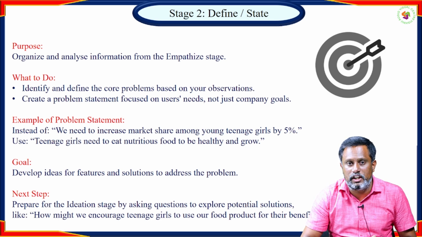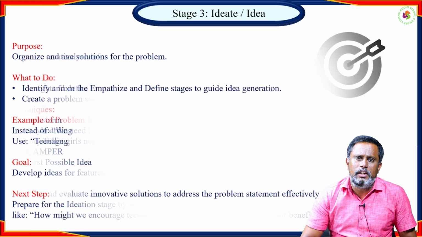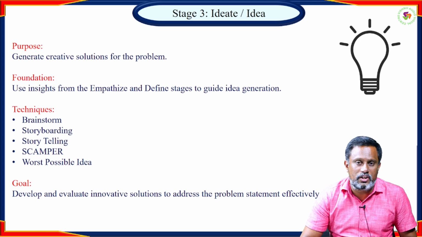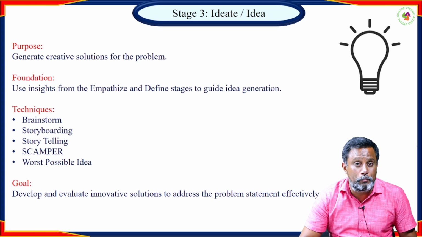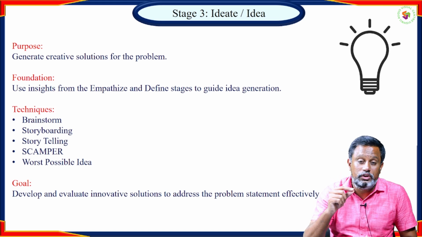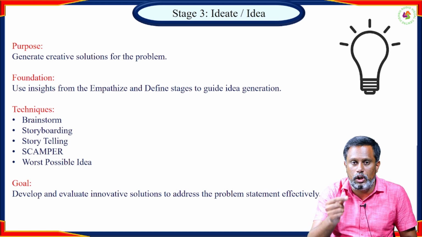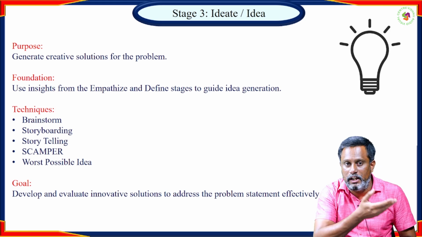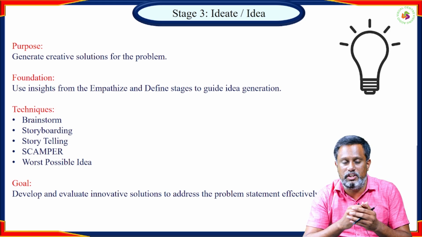That stage we call idea. Idea generation, or ideation, is a very important phase in design thinking. Here we need to think innovatively to solve the problem statement we got from the previous two stages.